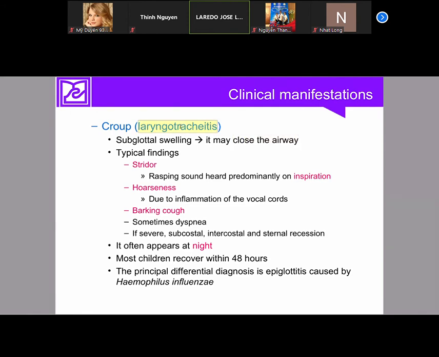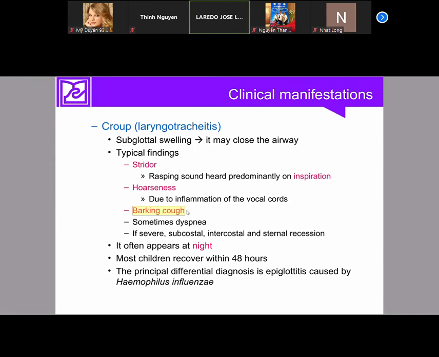A child with laryngotracheitis is a child with stridor. What is this? This is a sound, I will show you the video later. This is a sound that we hear when the child is inspiring because the airway is closed. Hoarseness because of the inflammation of the vocal cords. Barking cough.